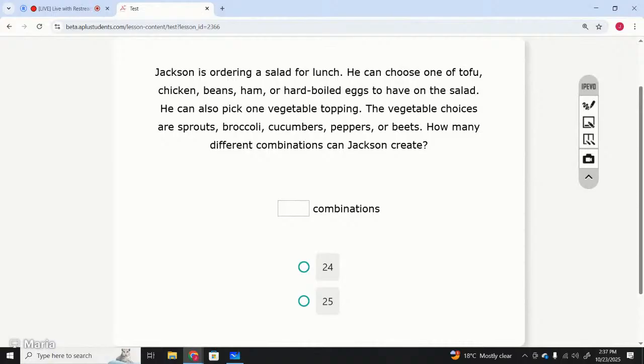How many different combinations can Jackson create? 5 times 5 is 25. Option number 2 is the correct option.